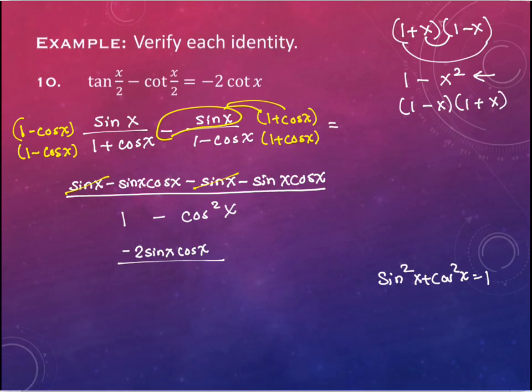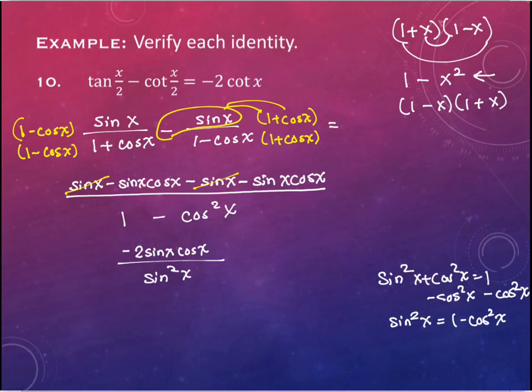Did we already forget our gateway stuff that you guys did so well on? Hope not. You're going to need those things. If we subtract the cosine squared x to the other side, we can see that the sine squared of x is equal to 1 minus the cosine squared of x, right? That denominator is really just sine squared of x.